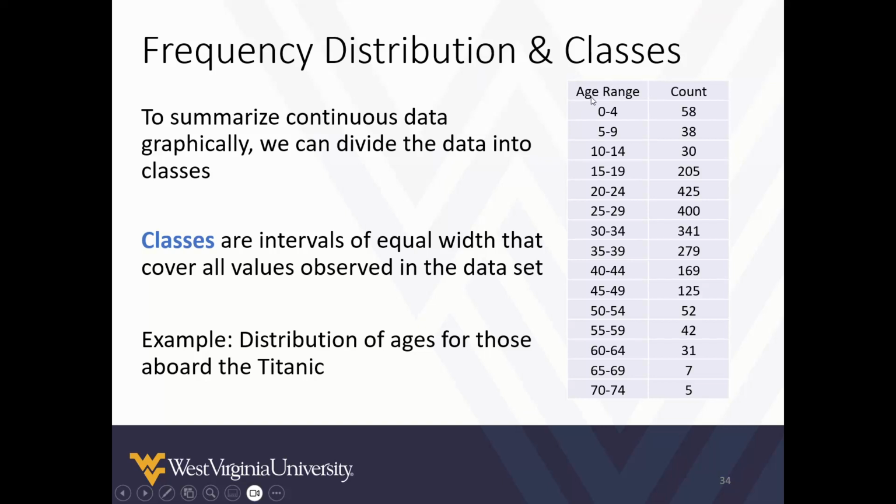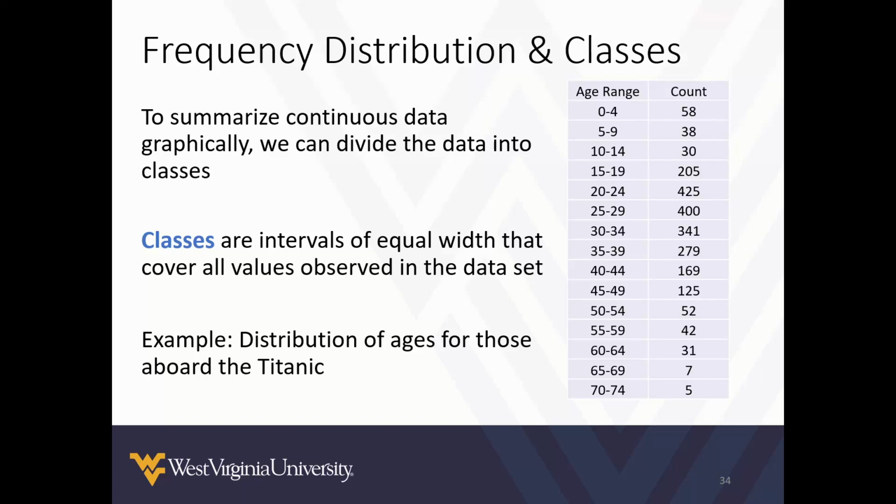The ages of people aboard the Titanic spanned from 0 to 74. And so we could divide these classes into 5 years, 0 to 4, 5 to 9, 10 to 14, and so on. And basically, these classes become categories.